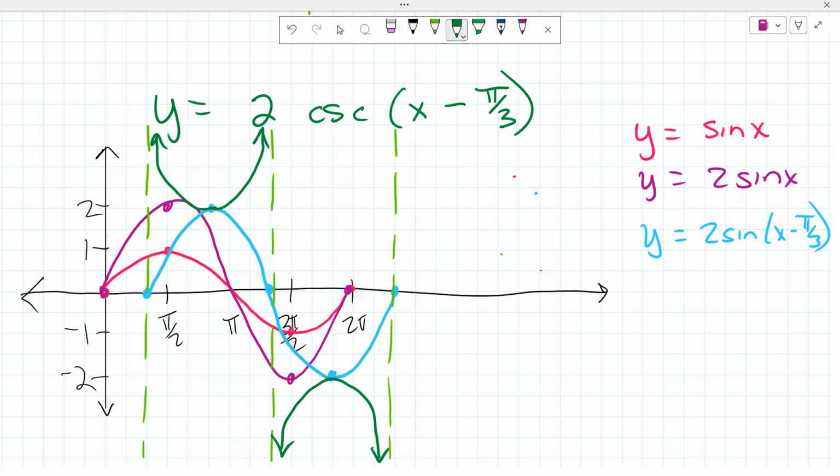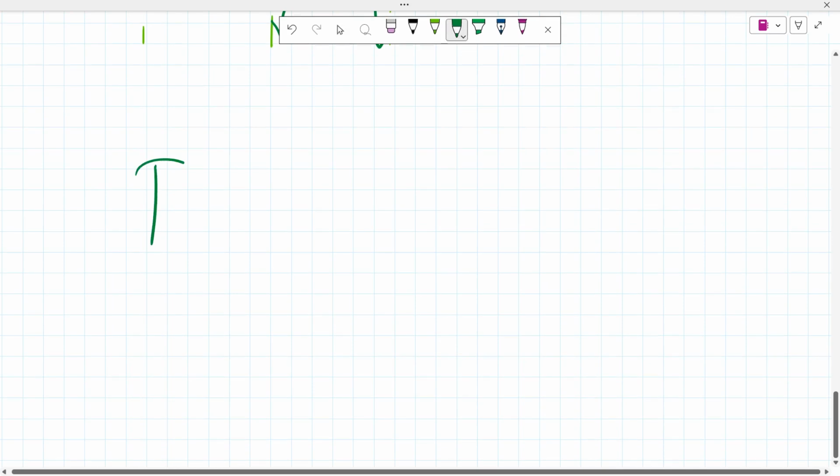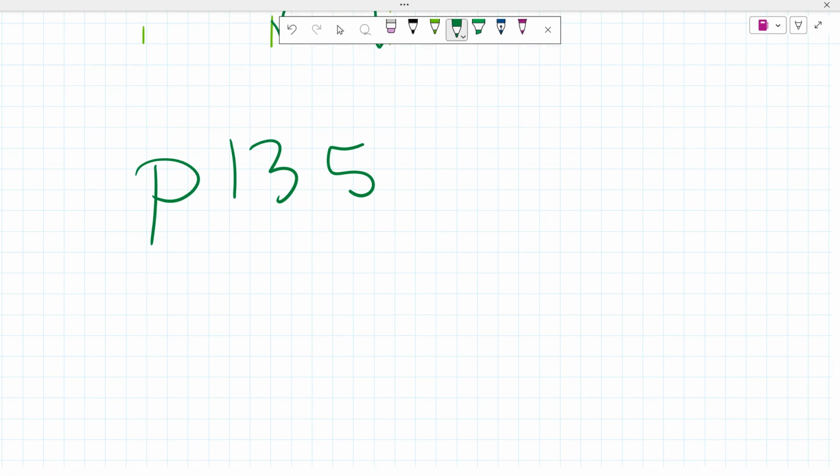Okay, so we're going to have 6 problems over this for today. On page 135, we are going to do numbers 31, 35, and 41.